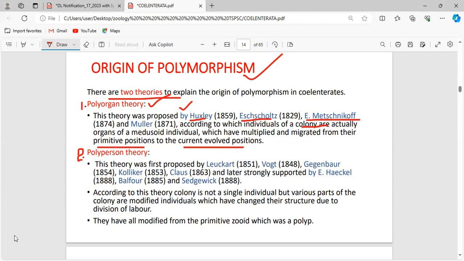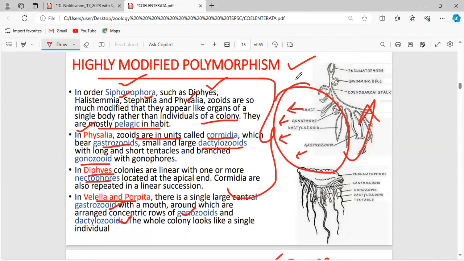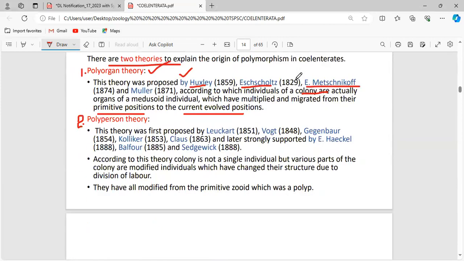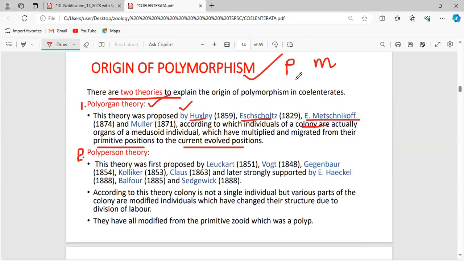What this theory is suggesting is this: we have studied these two types of individuals, polyp and medusa. But what the polyorgan theory is explaining is that the different types of organs, that is dactylozooid and all the modifications we have seen before, are all organs of this medusoid stage.